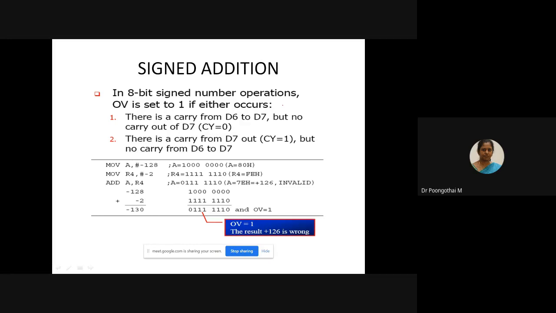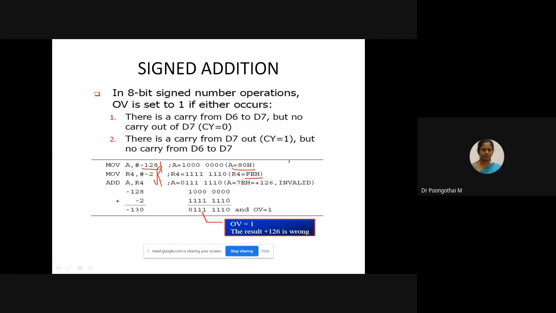Minus 128 and minus 2 are decimal numbers. The hexadecimal representation for minus 128 is 80, and the hexadecimal representation for minus 2 is FE.